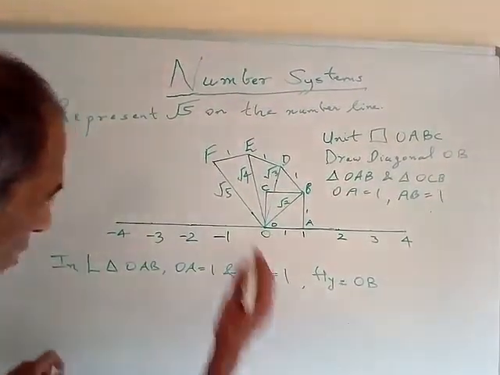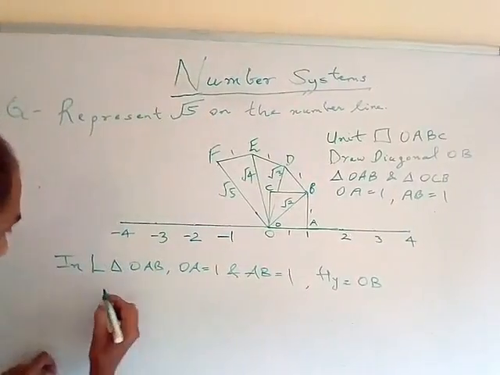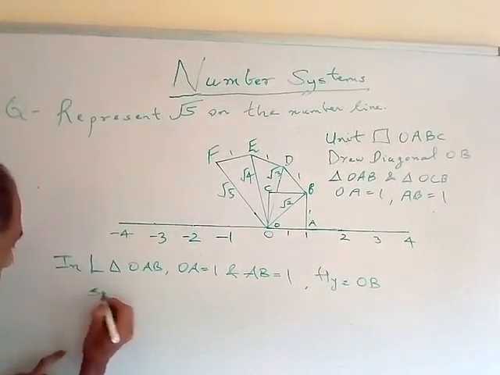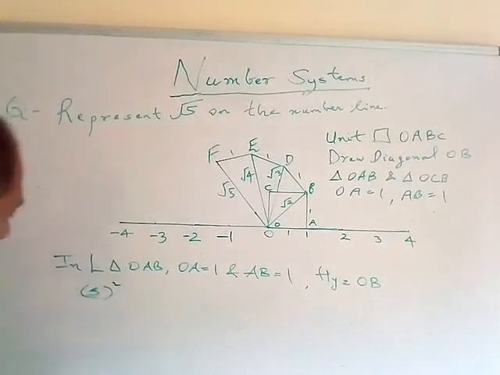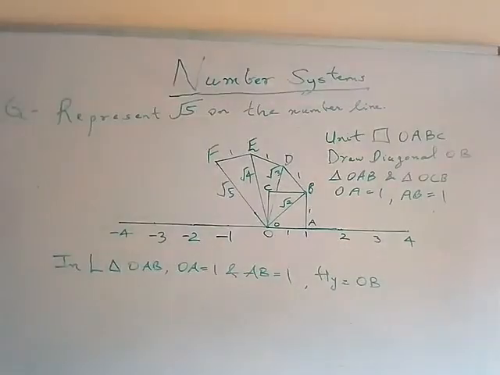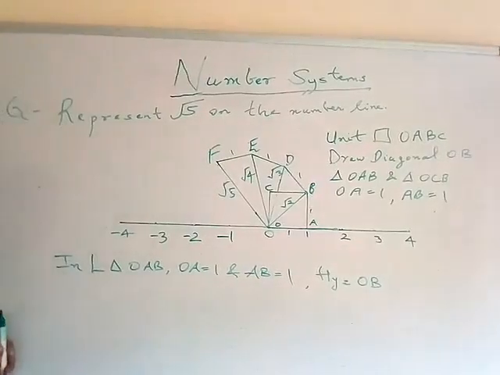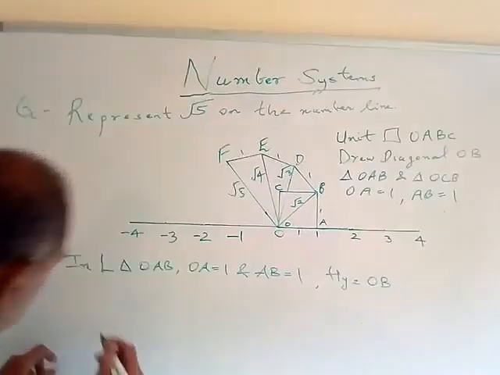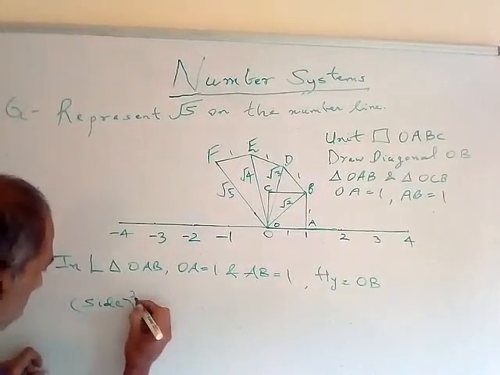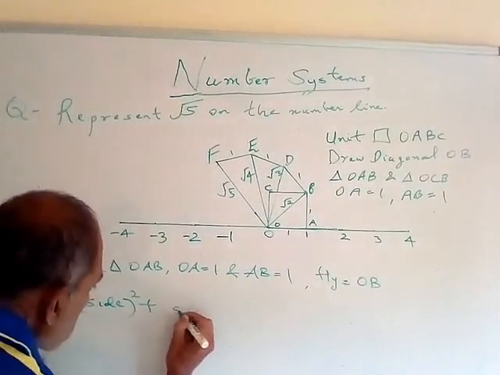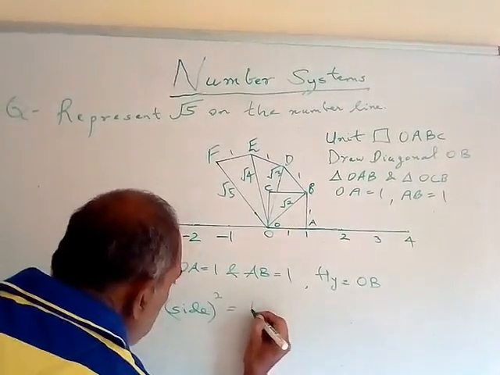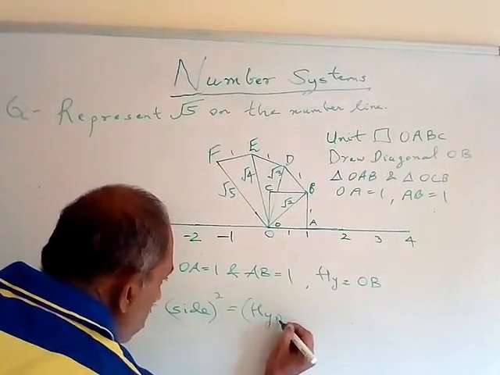So according to the Pythagoras theorem, side square plus side square is equal to hypotenuse square.